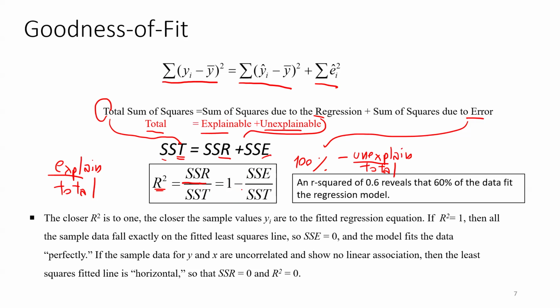Typically R square is between 0 and 1. 0 means 0%, 1 means 100%. For example, an R square of 0.6 reveals that 60% of the data fit the regression model.